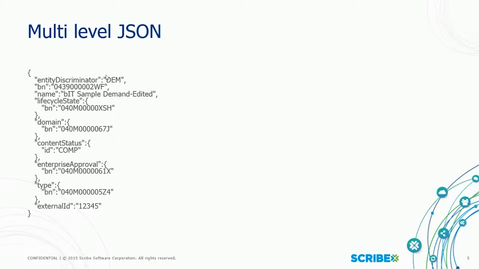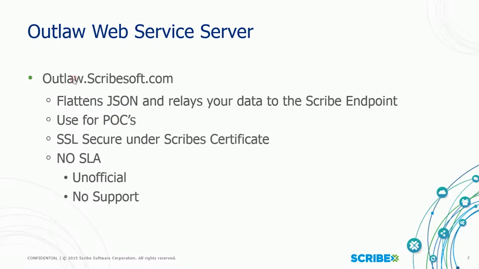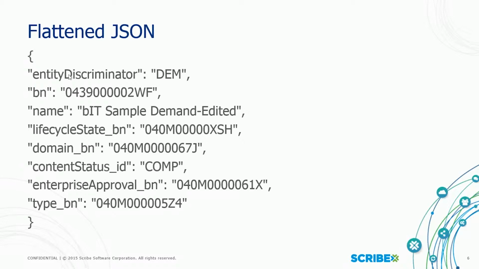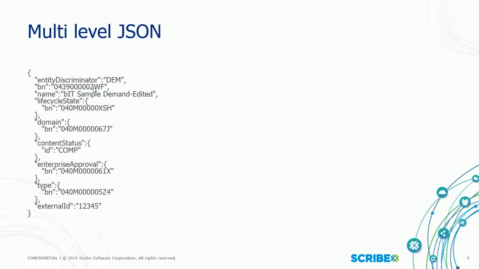Most systems have that multi-level aspect to it. So let's take a look at what that means. Here's an example of a multi-level JSON that I encountered recently in working with some partners here at Scribe. This multi-level JSON shows that we have a field and a value.